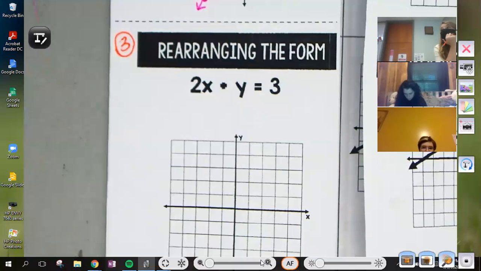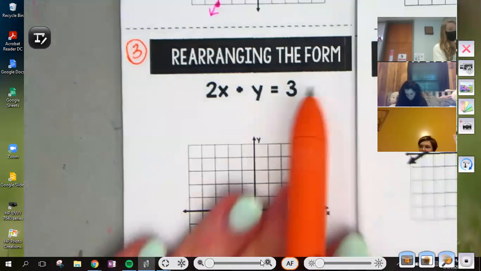I said something earlier. If it's not something, you can't graph it. Kaden? Not necessarily. You're getting warmer. Okay, not necessarily. Look at how the equation is set up.